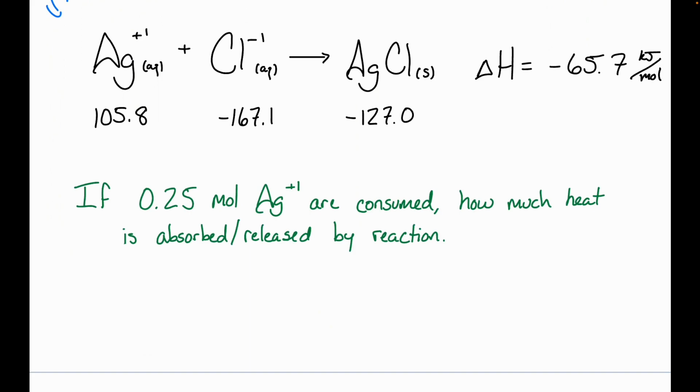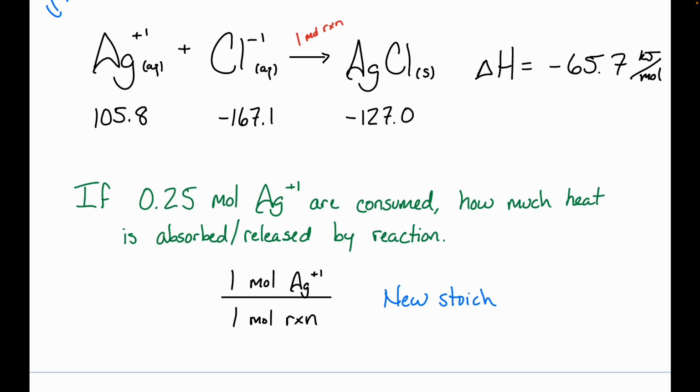All right, so from our balanced chemical equation, we can build these stoichiometric ratios. Our balanced chemical equation shows us how much of our reactant and product is in 1 mole of reaction. So we can build these stoichiometric ratios where I have 1 mole of my silver ion being consumed per mole of reaction. Right? So these are these new stoichiometric ratios that we learned how to build last class.